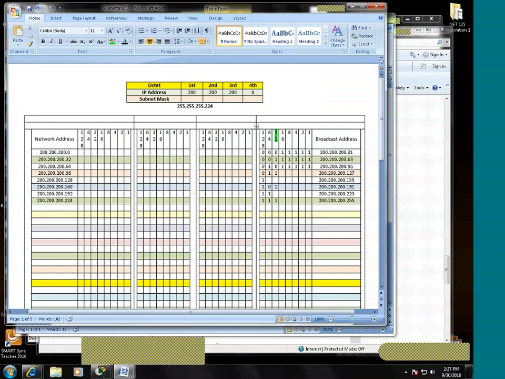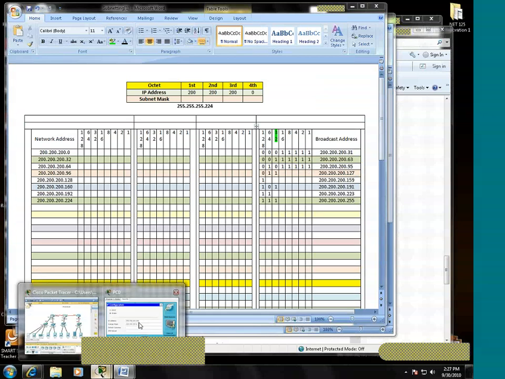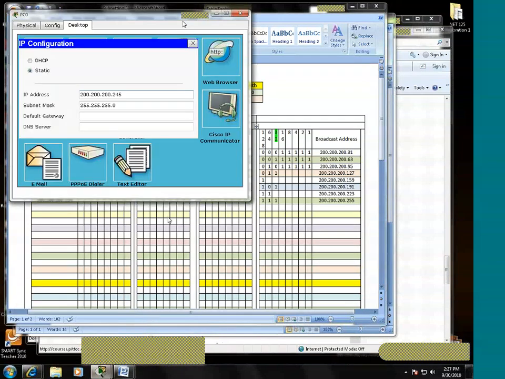Yeah, 224 is the network address. Okay, can I use the subnet mask? All right, what's the default gateway? The default gateway is 225. It can't be 224 because that's the network address.